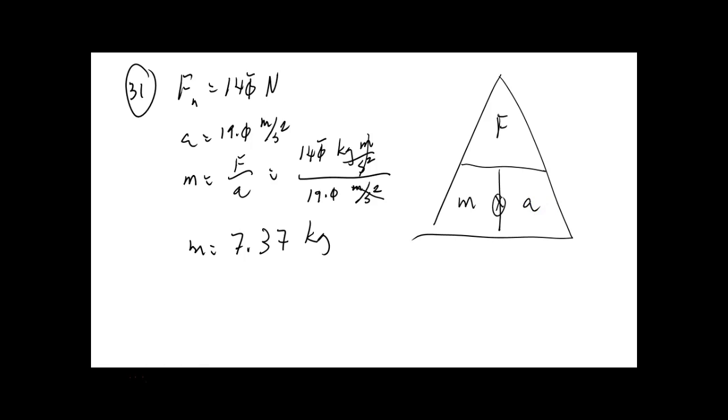In that first problem, we were looking for acceleration, so you cover the A, and you have force divided by mass. That's what we used. In this problem, we're looking for mass, so cover the M, and you have M is equal to force divided by acceleration. As long as you get those three in the right place, you do it. If you're looking for force, cover force, it's mass times acceleration. So that's how you set it up.